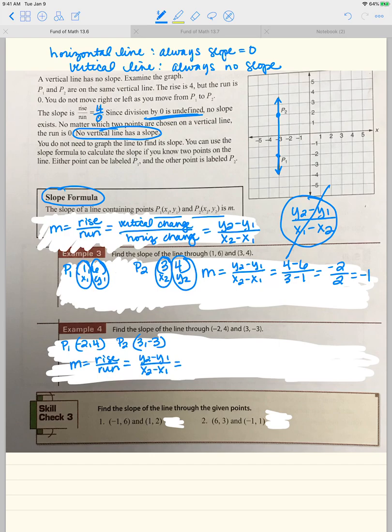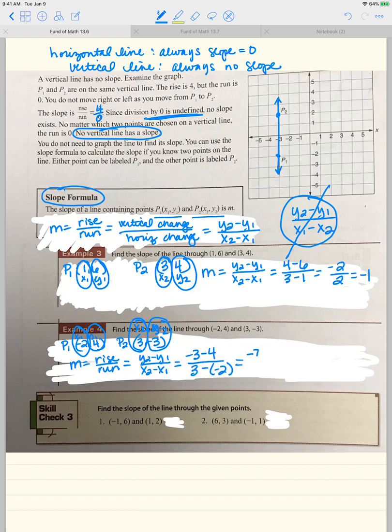Okay? And if this is P2, we have x2, y2, sorry about that, and we have x1, y1 over here, so plug in what we have. y2, negative 3, minus y1, 4, over x2, 3, minus x1, negative 2.